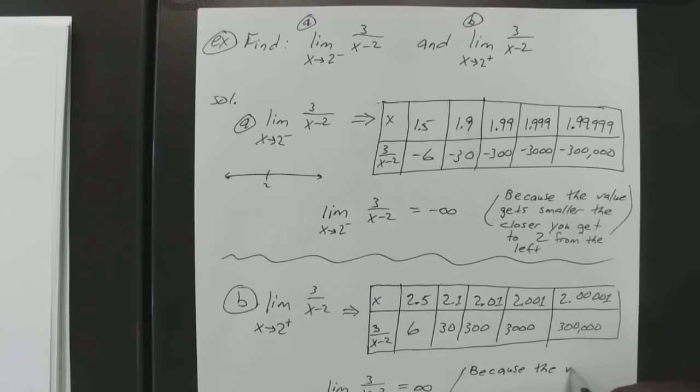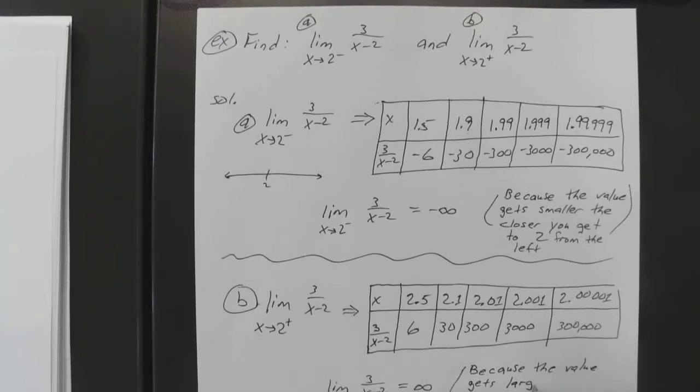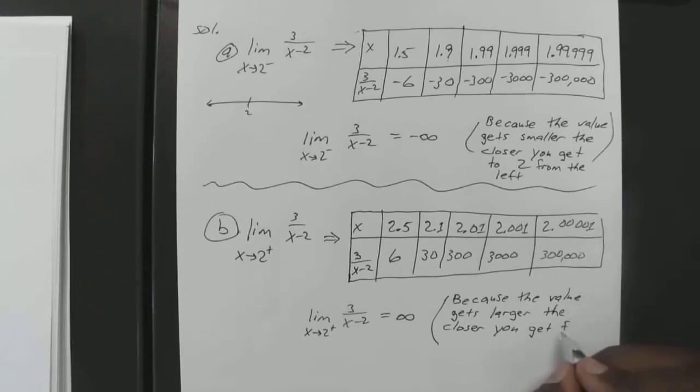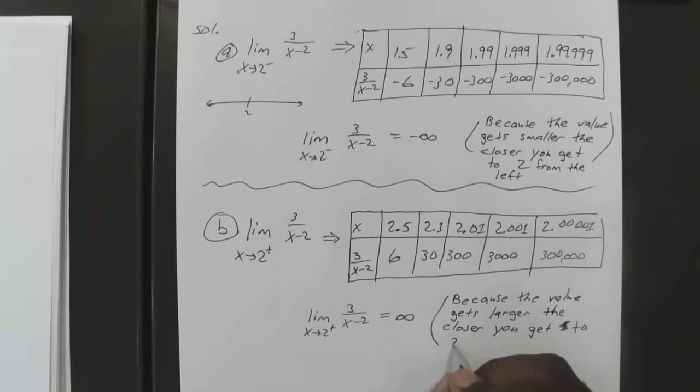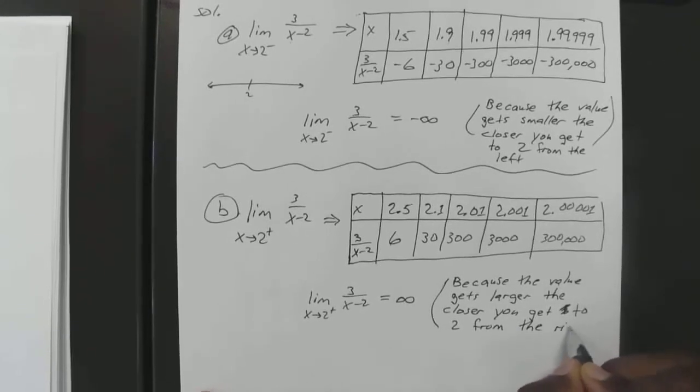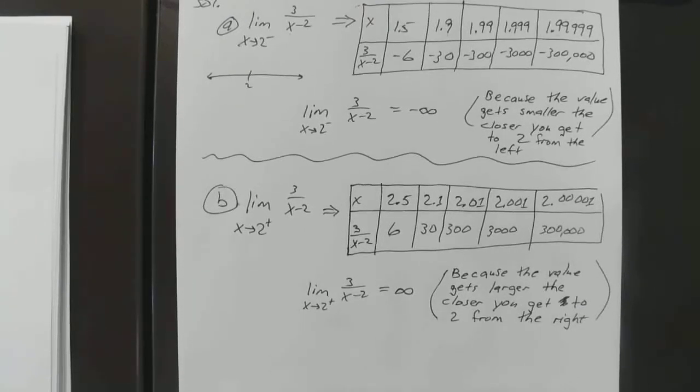So because the value gets larger the closer you get to 2 from the right. All right. So any questions on that one?